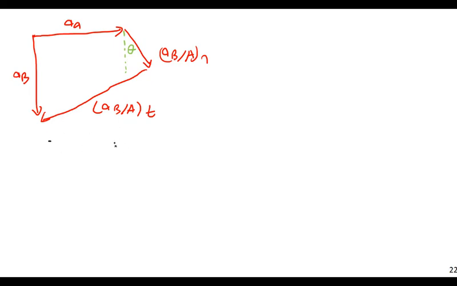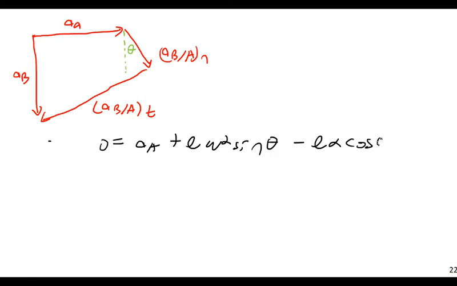So I can say that 0 is equal to AA plus L omega squared sine theta, minus L alpha times the cosine of theta here.